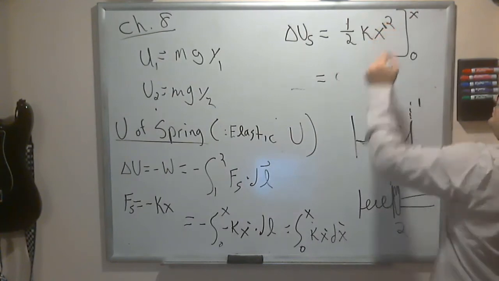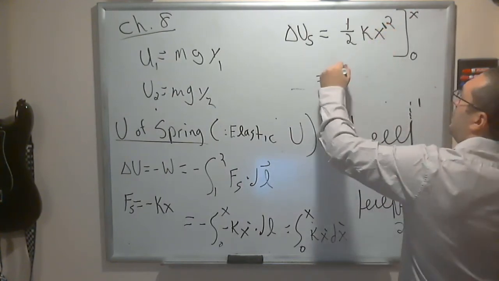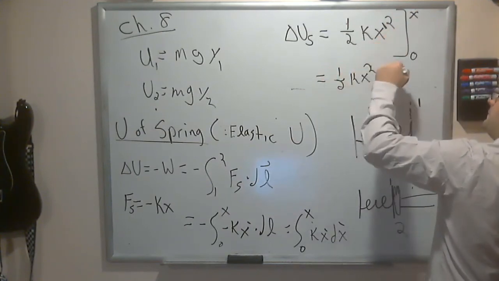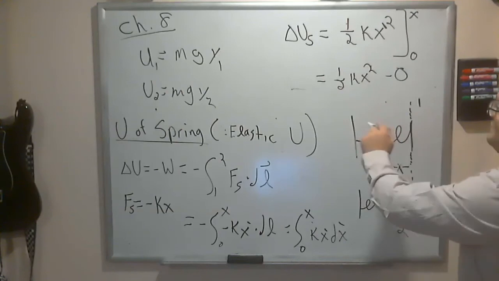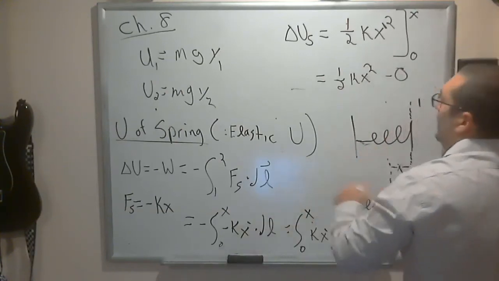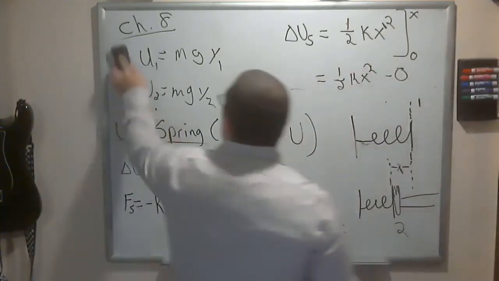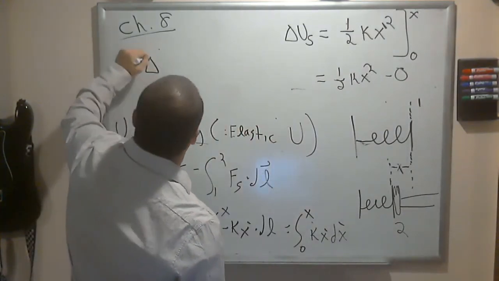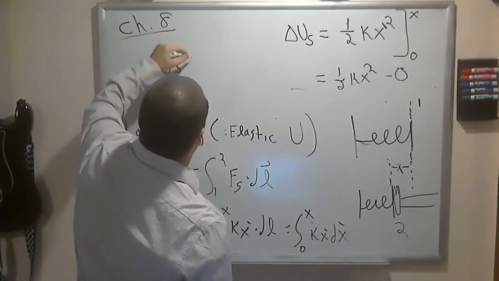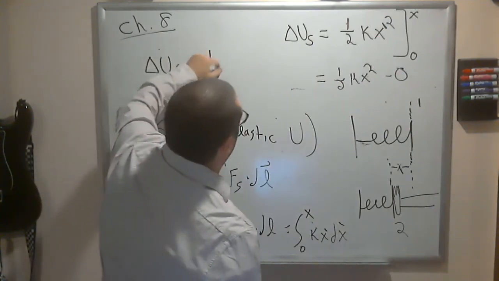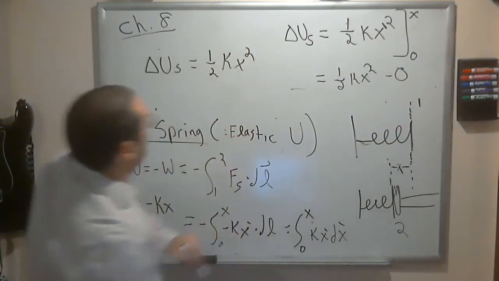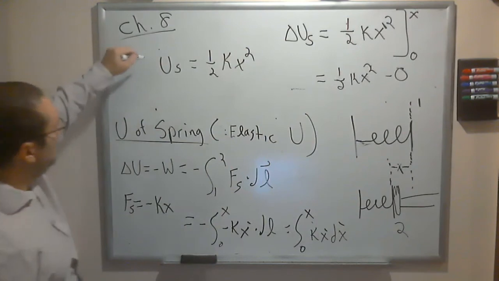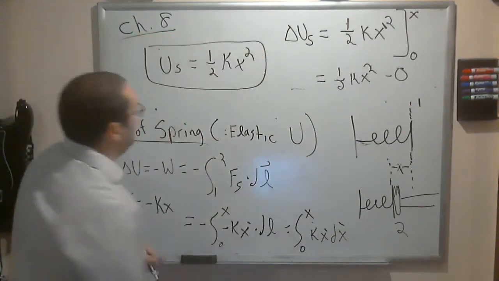And we plug it in, and we end up with this, right? Minus 0. And this gives us the definition of potential energy for a spring. The change in potential energy, or its potential energy, we should really say its potential energy is this.